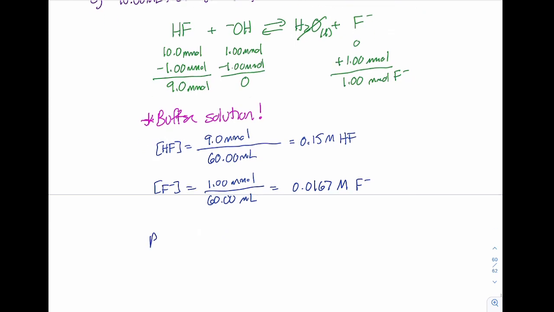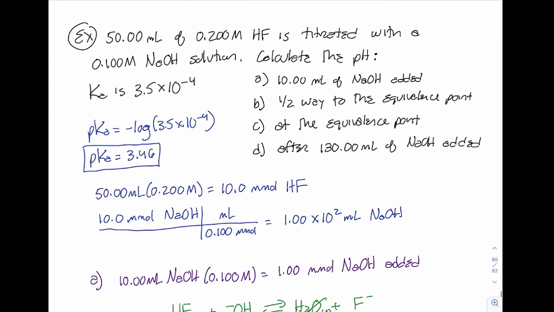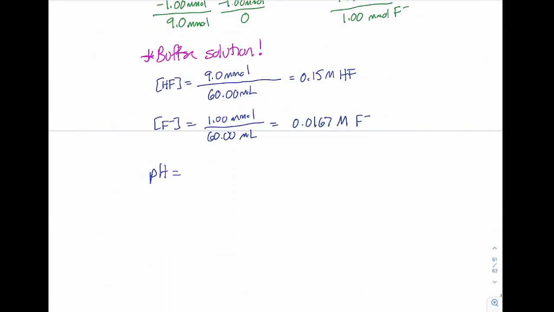So Henderson-Hasselbach, our pKa is up here. We put it in a box, we could find it, 3.46, plus the log of my base component over my acid component. And then again, make sure you do that division before you take the log.